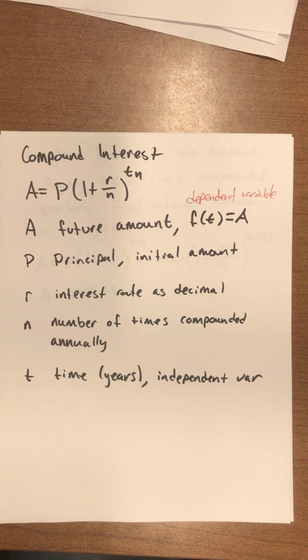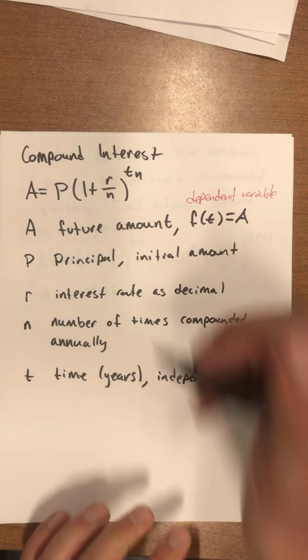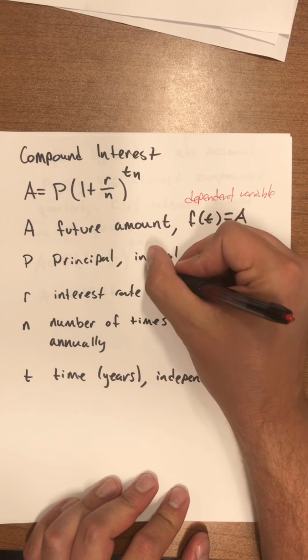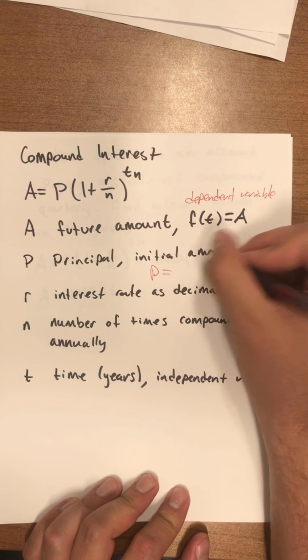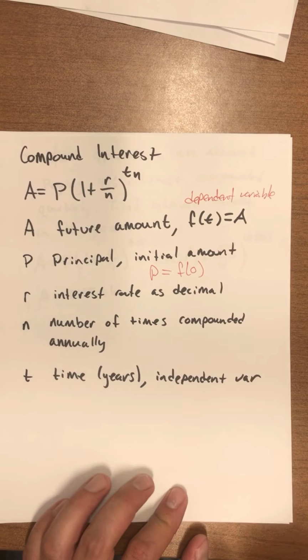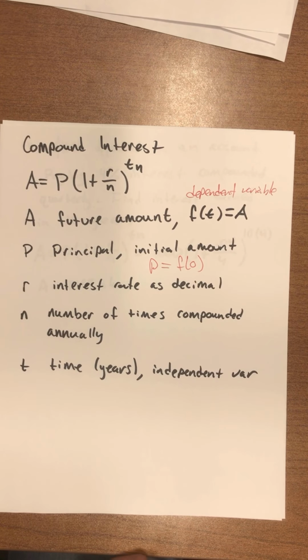P is the principal, which is the initial amount, which is the same thing as saying P equals f of 0, the initial amount. So that's the value when t is 0.